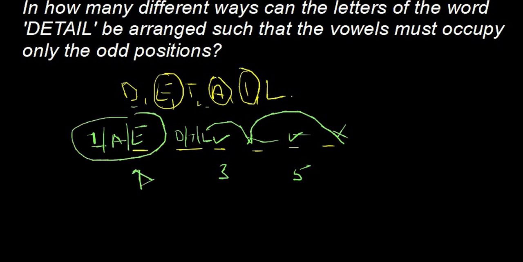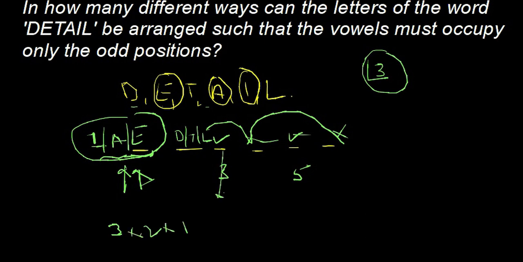That is factorial 3, or you can say on this first place you can put in 3 ways. On the third position you can put in 2 ways, and on the last position there is a single case. So there are 6 ways you can put these letters on the first 3 or 5 positions.